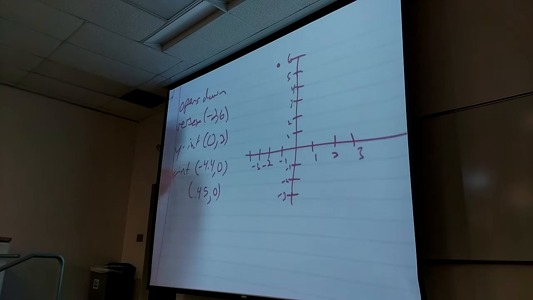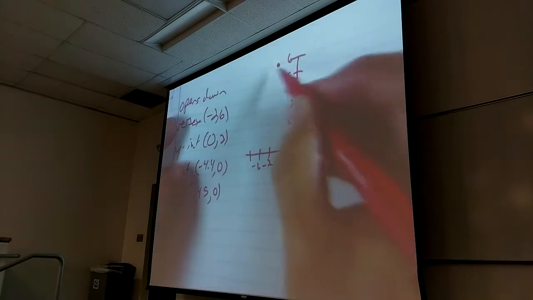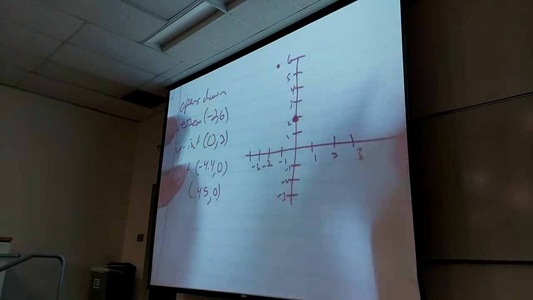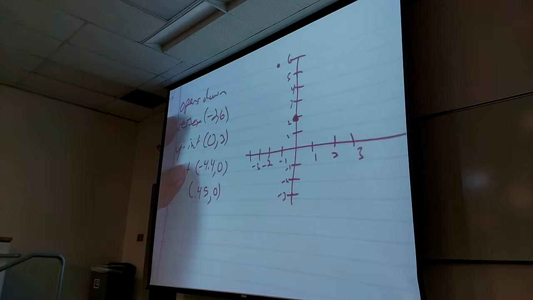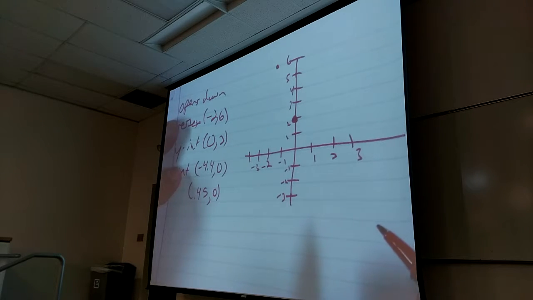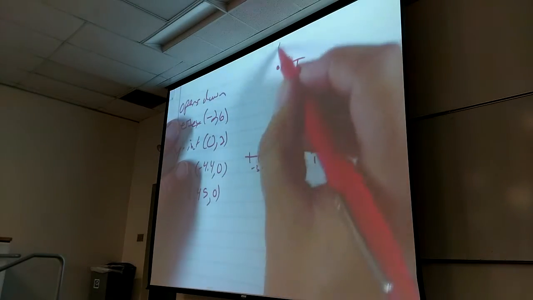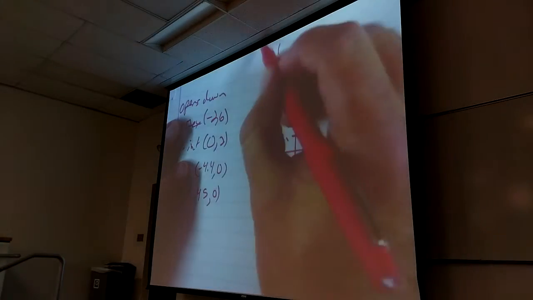Where's the y-intercept? 0, 2. Where's the mirror? Where's the axis of symmetry? The axis of symmetry is a line. It's not a point. X equals -2.